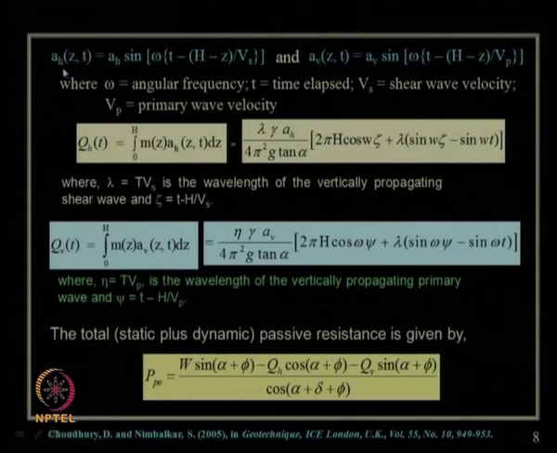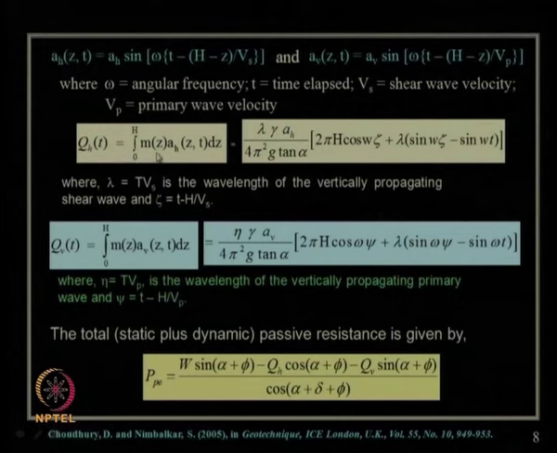If you do not consider any amplification, that is, amplification is 1, then the equation boils down to this. In that case, the seismic horizontal inertia force QHT will be nothing but the mass of that infinitesimally small slice, m of z, times the acceleration ahz.